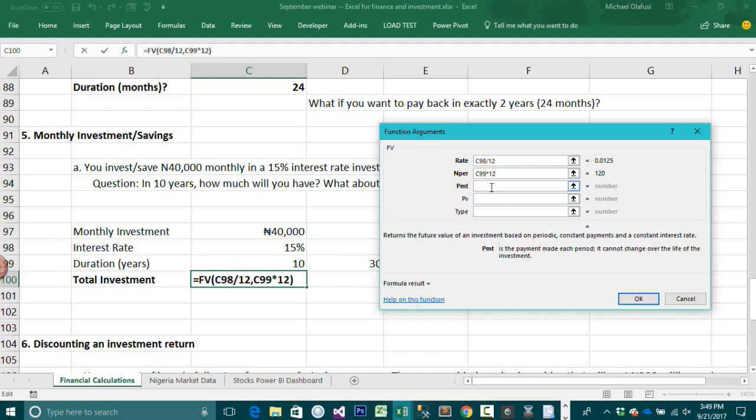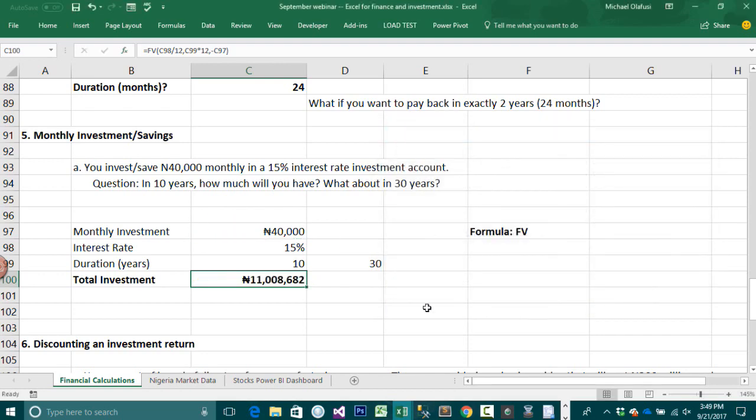And how much are you now paying? You're paying 40,000 naira monthly. Because I know I'm going to get that minus issue again, I put the minus before clicking on the 40,000 naira, and I do okay, and you see what it comes to.